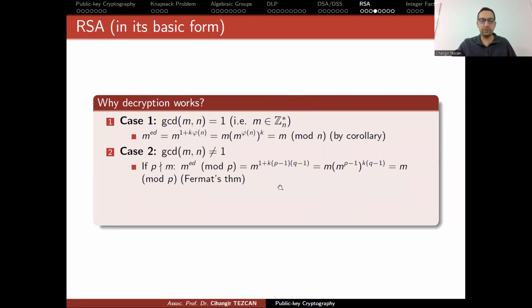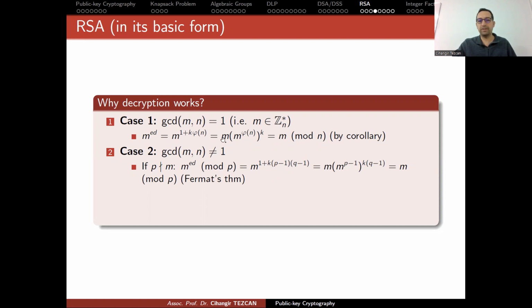So let's focus on the rarest case where the greatest common divisor of m and n is different than 1. So it can be p or q. If p does not divide m, let's focus on this scenario. M to the power ed modulo p is equivalent to this one.